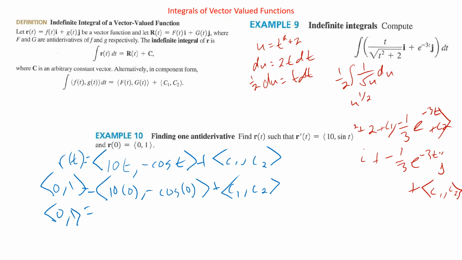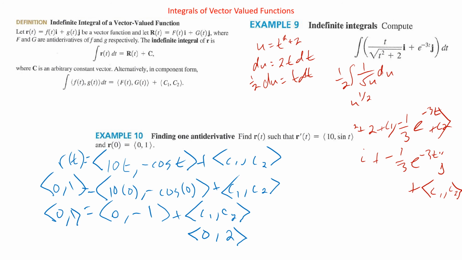So 10 times 0 is just 0. And then cosine of 0 is 1, so this is negative 1 plus C1, comma, C2. So 0 plus what equals 0? Well, that's 0 plus 0, so C1 will just be 0. And C2, negative 1 plus what equals 1? That's plus 2. So we have 0, comma, 2.